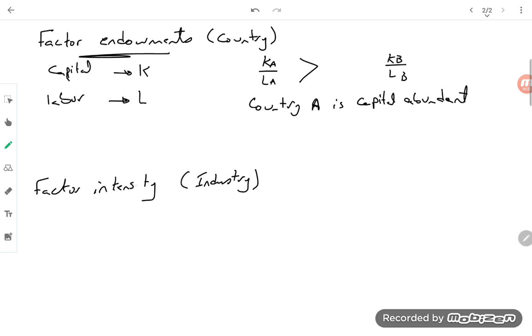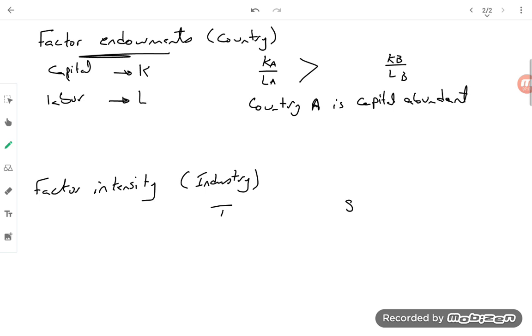What about factor intensity? Factor intensity, as we said, is related to industry. From assumption number 1, each of the two countries produces two commodities, textile and soybeans. The production of textile requires capital and labor, and the production of soybeans also requires capital and labor.